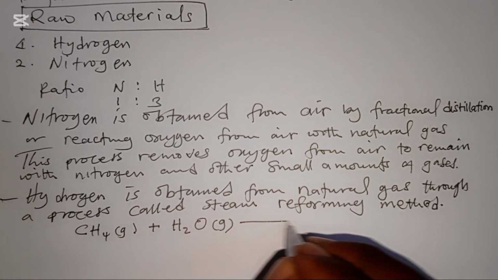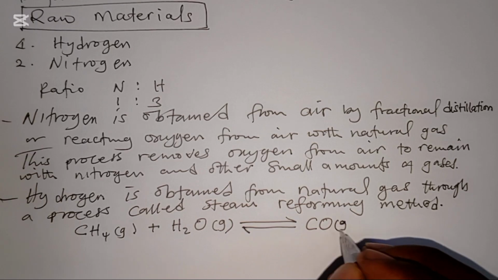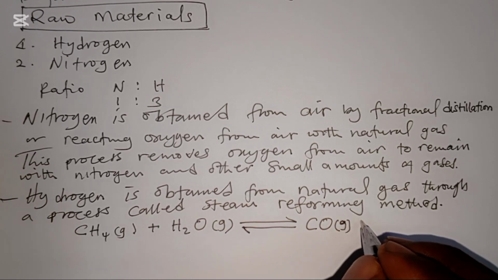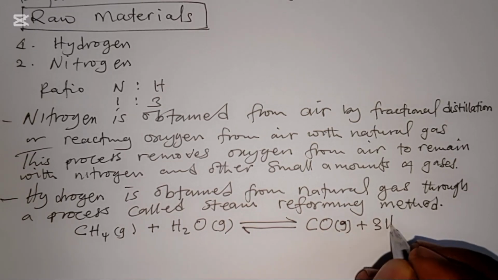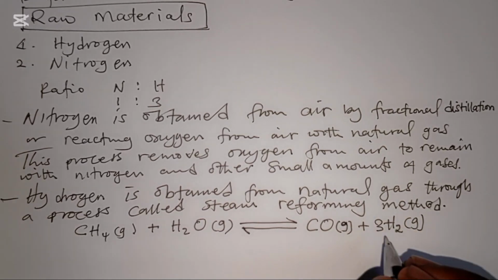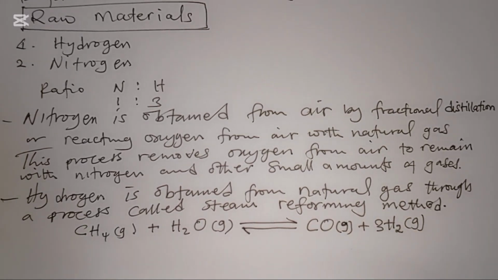This reaction is reversible, where we are going to have carbon monoxide plus hydrogen gas. So that is a balanced chemical equation, and that is how hydrogen is obtained.